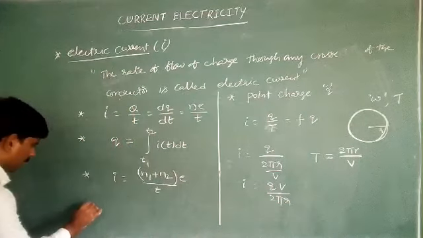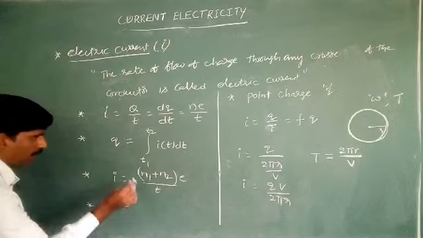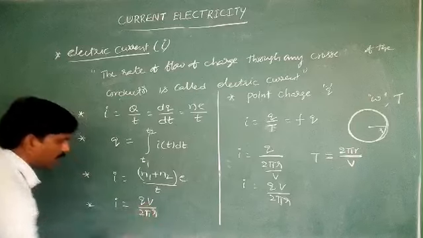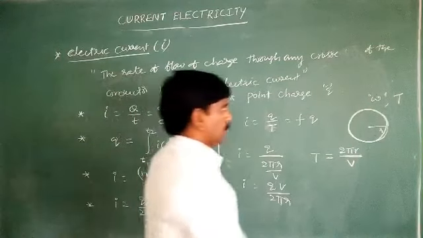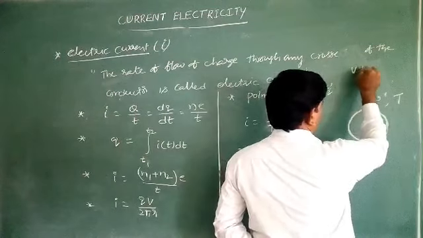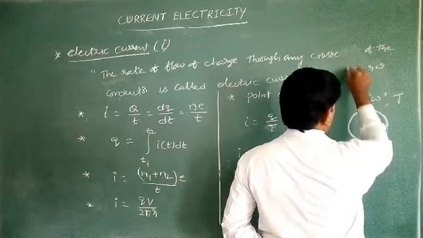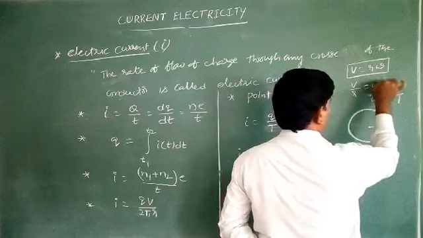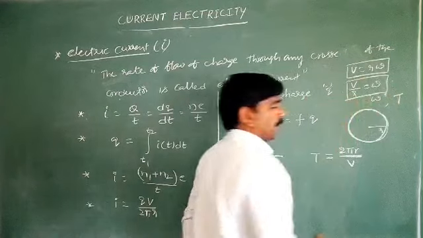So current I is equal to QV by 2 pi R. Here V is the linear velocity. We know the relation between the linear velocity and angular velocity: V is equal to R omega. Therefore, V by R is equal to omega.